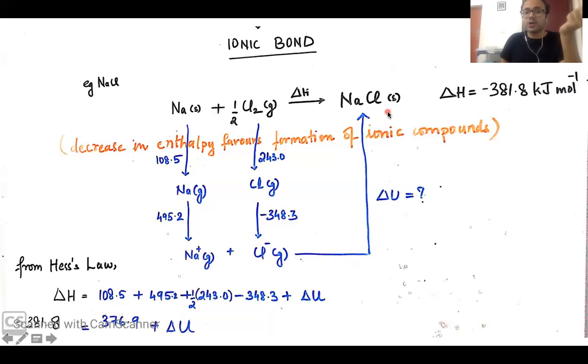Now, what are all the factors actually responsible for this negative value? Because if you see here, you are going from a sodium to a sodium positive state, and chloride to a chloride negative state.